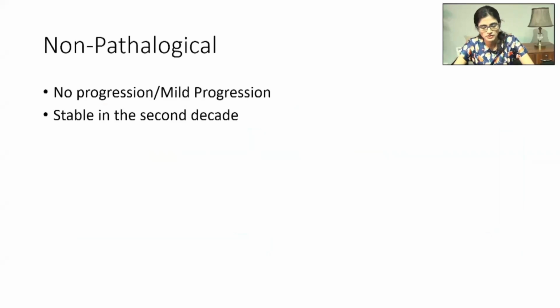There is some amount of progression, especially during childhood, but by the end of the second decade or the early third decade, this kind of stabilizes and doesn't progress. So the onset, like we spoke earlier about juvenile onset and adult onset, can be variable, but it doesn't really progress like the pathological one.